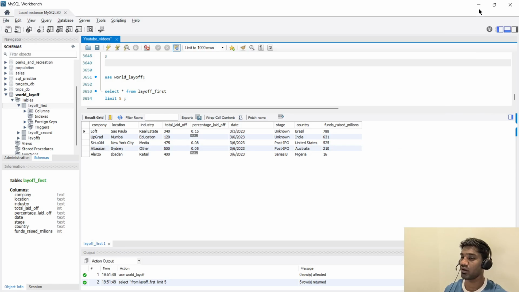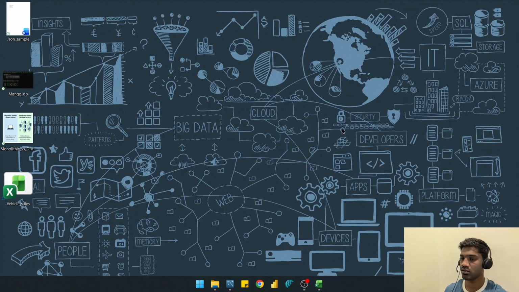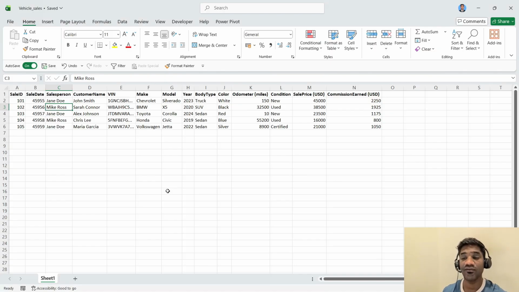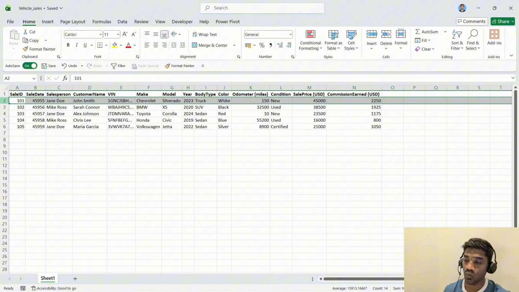So if structured data is there, then what is unstructured data? Do you see any format here like rows and columns? That is the structure. Every single transaction, when I say transaction, you sold one car, right? That one sale of the car is a transaction.